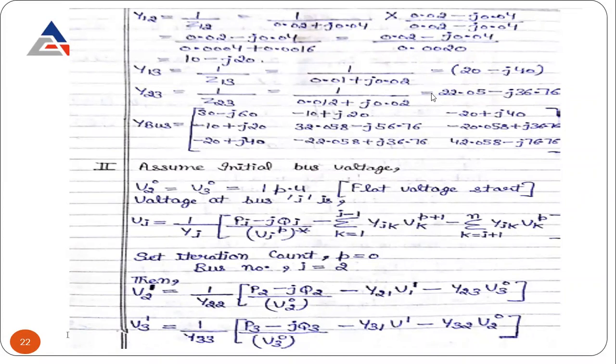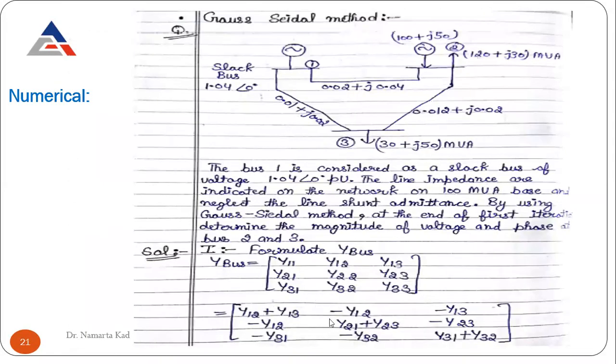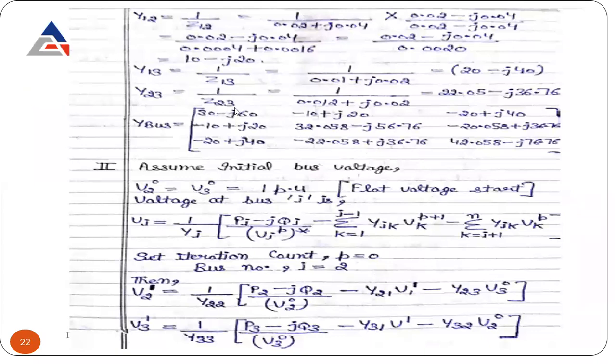Z13 is given in the network, so it comes out to be 20 minus j40, and Y23 comes out to be 22.05 minus j36.76. Now just fill these values here in the Y bus matrix, and you get this as your Y bus matrix. So this acts as your admittance matrix.